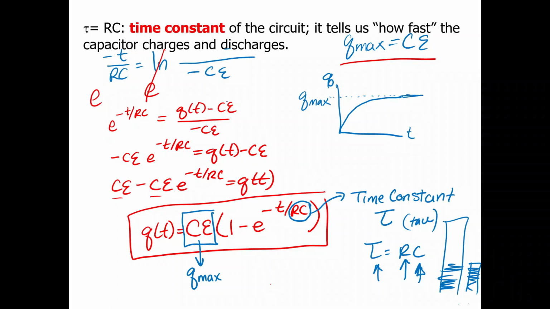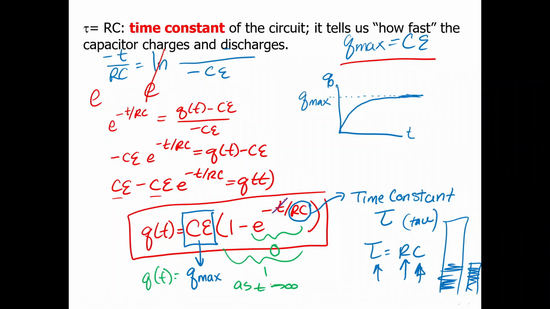So you're never actually going to reach Q max, but if you take T to infinity, then you get negative e to the negative infinity. Well, e to the negative infinity goes to 0. So this whole term goes to 0. And then 1 minus 0 is just 1. And then that gives you that Q of T is just equal to Q max as T approaches infinity. The other thing I can see with this is I can check what happens at T equals 0.